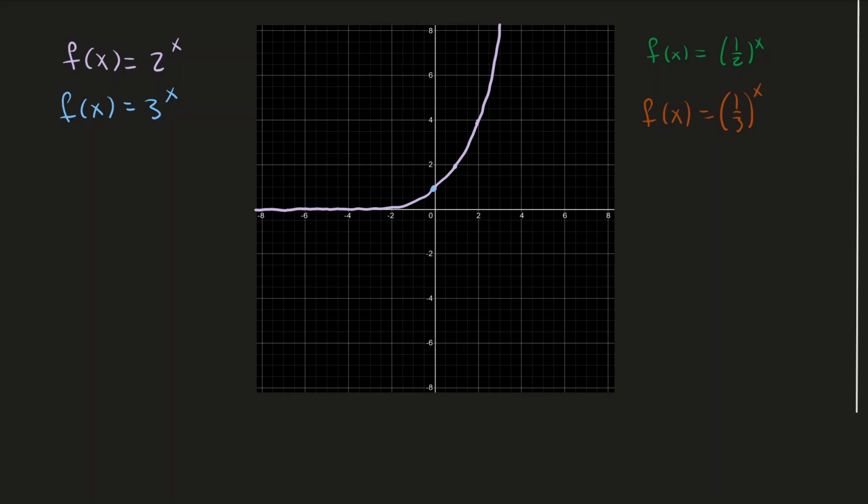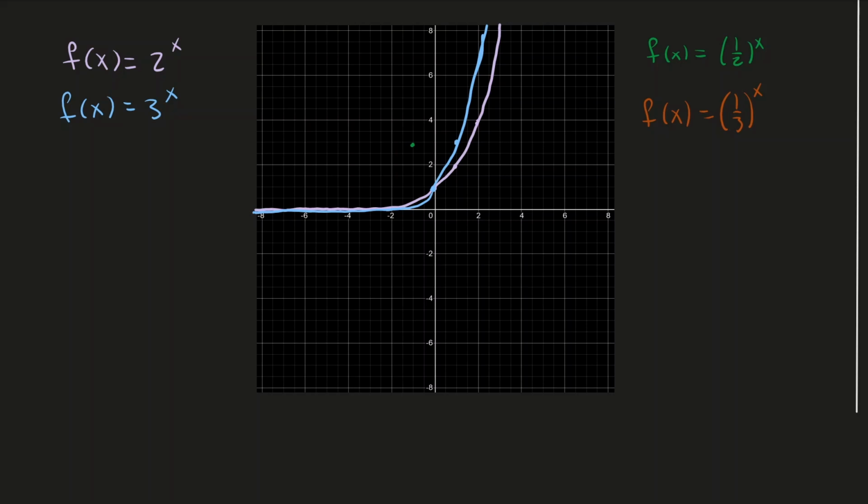3 to the x still crosses there, but at 1 we're now at 3, and at 2 we're all the way up at 9. So this thing skyrockets, so we're all the way up here. It's not the greatest function. And it comes down here and it slides along still with that horizontal asymptote. And then the other two, 1/2 to the x, you may notice there's a mirroring going on here.